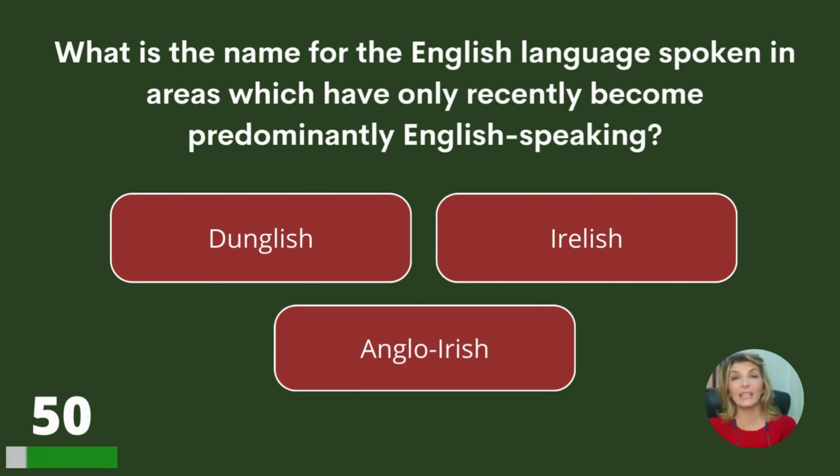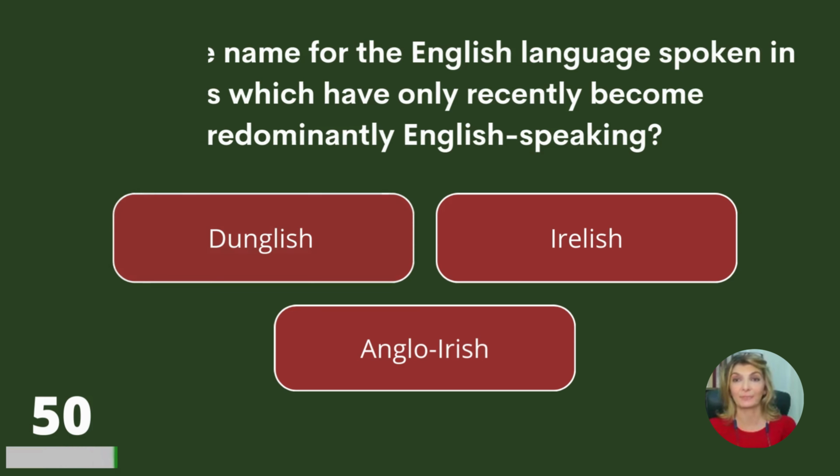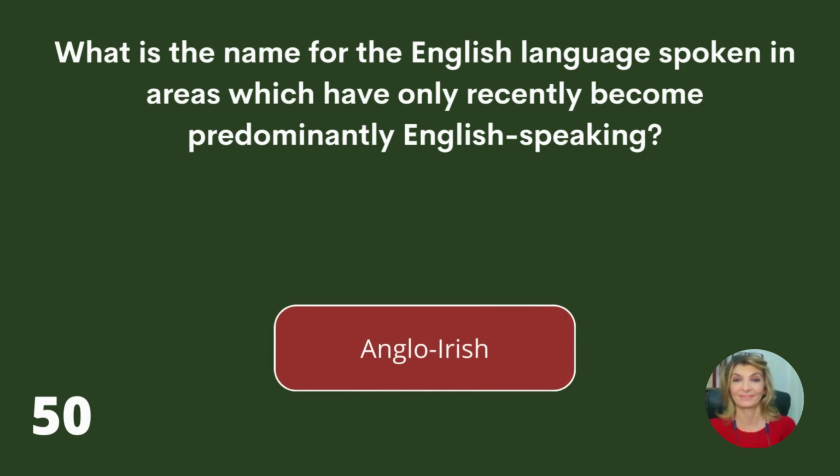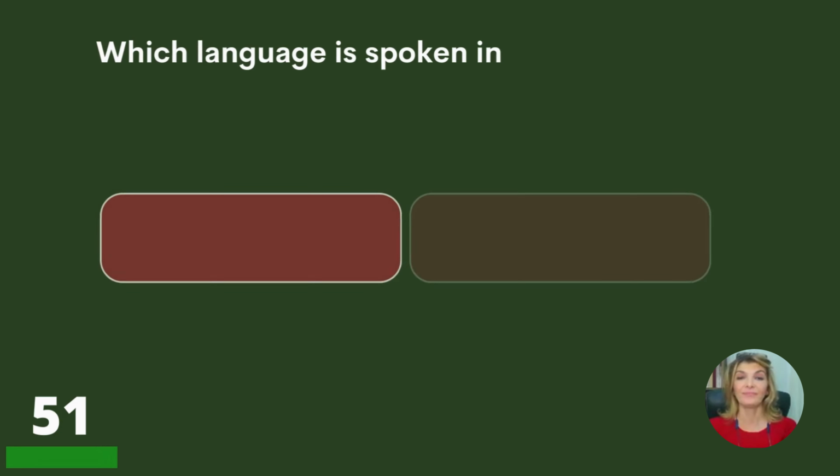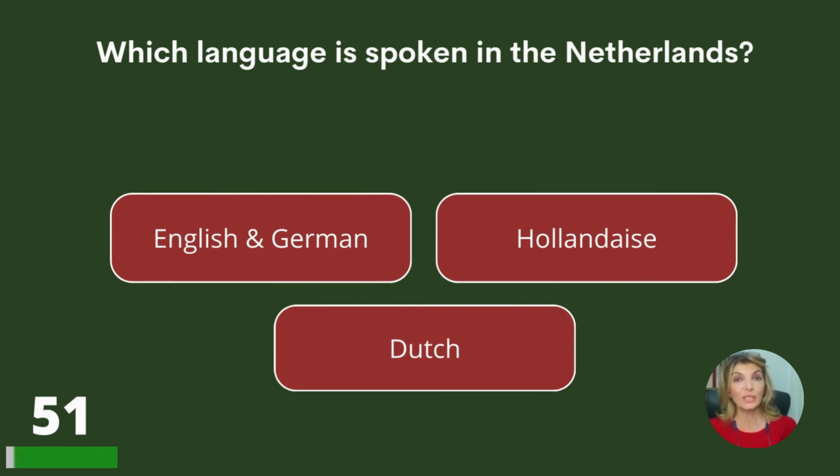What is the name of the English language spoken in areas which have only recently become predominantly English speaking? Danglish, Irish, or Anglo-Irish? Anglo-Irish. Which language is spoken in the Netherlands? English and German, Hollandaise, or Dutch?